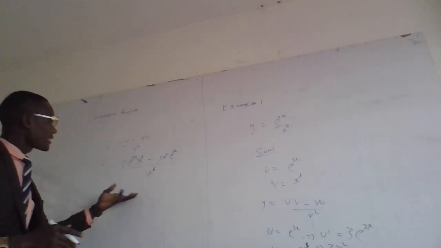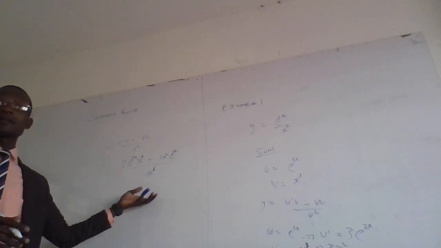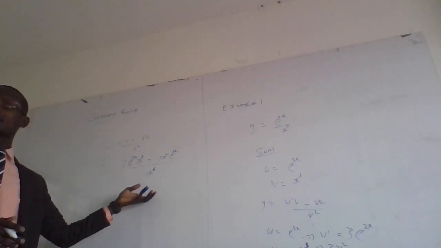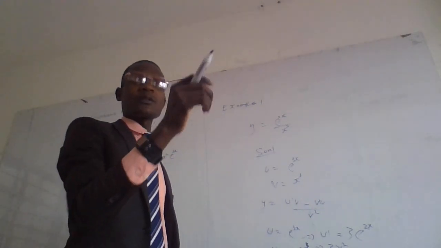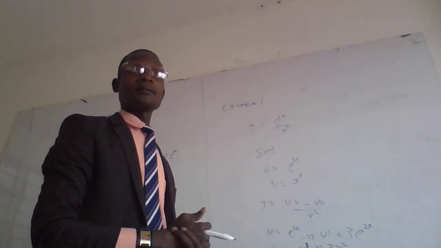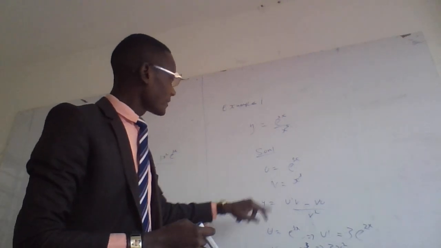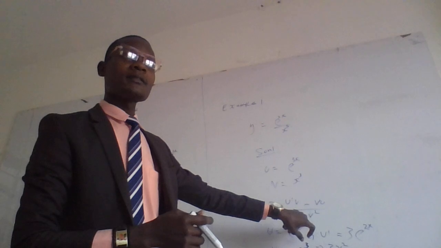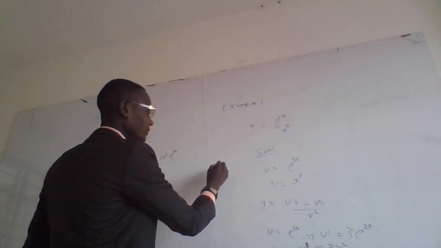Up to this point, of course, we can leave our answer, but there seems to be a question. What is it that you don't understand? I said the formula has v squared, but our v is x power 3.